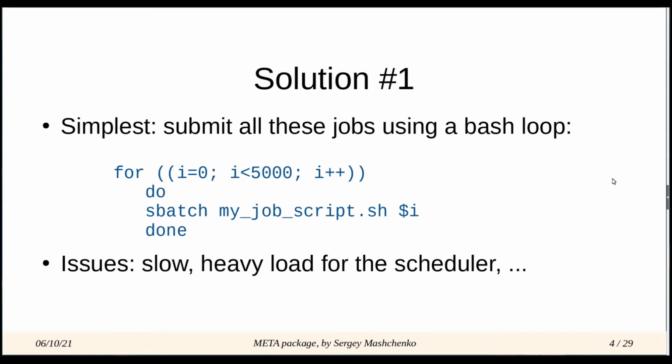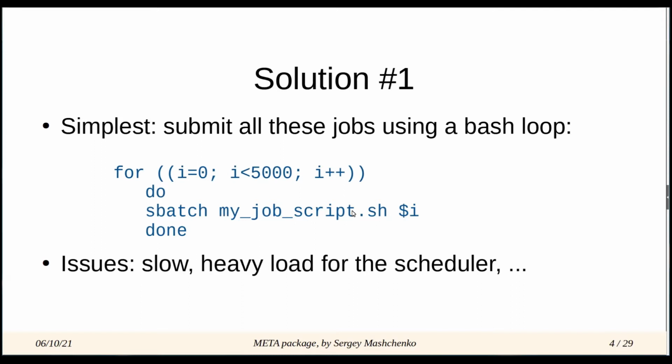At the very least, you want to automate submission of these computations. In simplest case, you submit them as independent jobs to the scheduler. So most of you probably know some bash scripting, so you can write a bash loop like this. In this particular case, I want to submit 5,000 jobs. And so 5,000 times I will execute this command, sbatch my job script, and I will pass the index inside the job script.